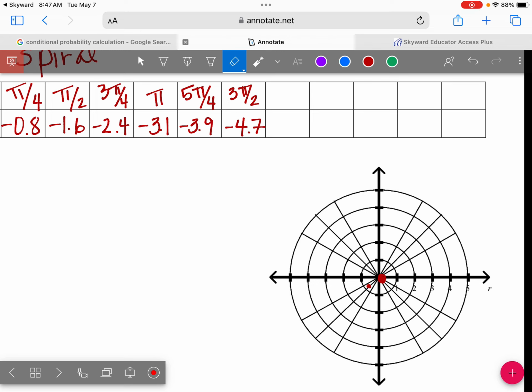Oh, okay, yeah, I was going the wrong way. All right, so plot the first 3 before you try to connect it, because I was about to draw my spiral the wrong direction. All right, so pi over 2 is here, so we're going to go backwards. So negative 1.6 is almost at the 2, but not quite. Now I can see that the spiral is going this way.